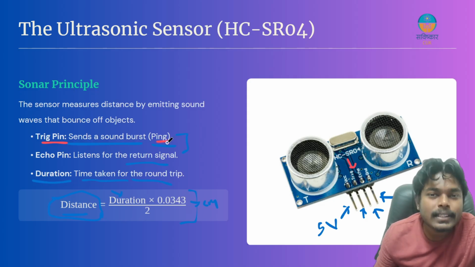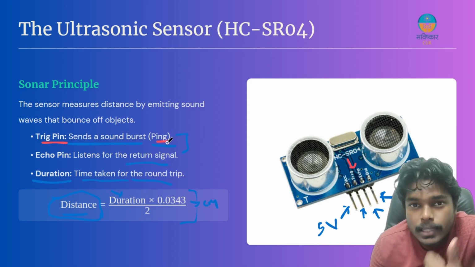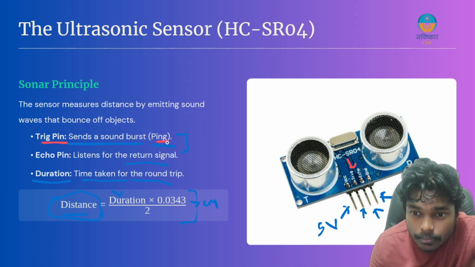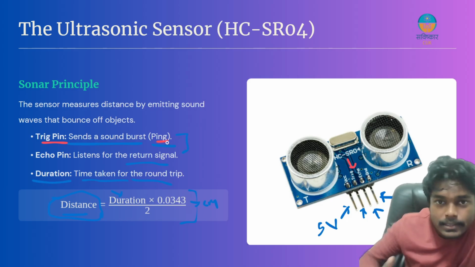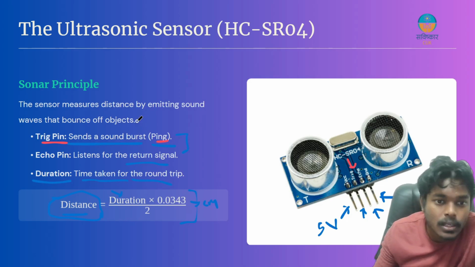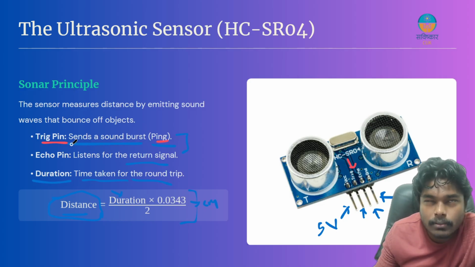So for that reason, we have to set it as output, because it's generating the sound wave or the sound burst. So that's why we will take it as the output pin.